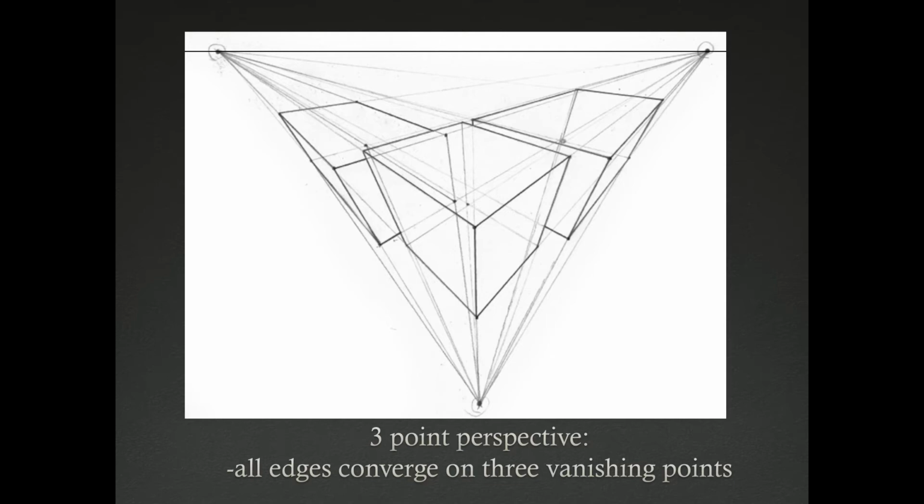So I hope that makes sense. We're saying that these objects are boxes, but when we represent them in three-point perspective, they don't have 90-degree angles in the image itself. Okay.